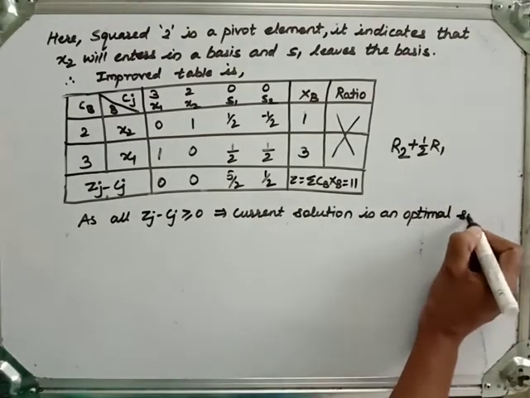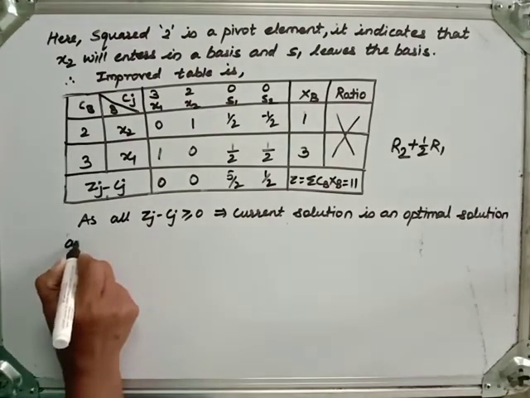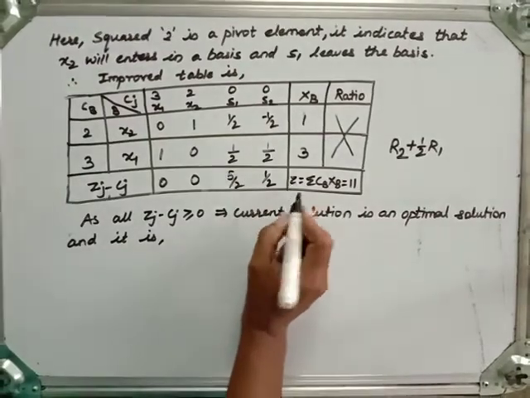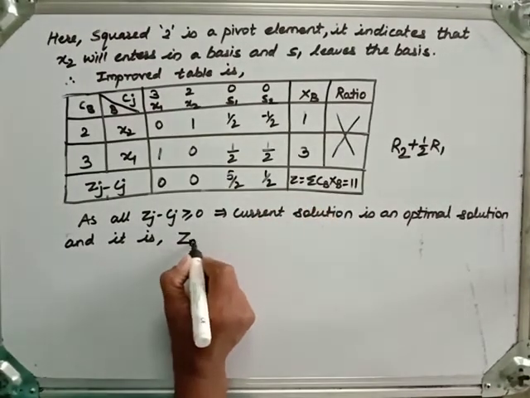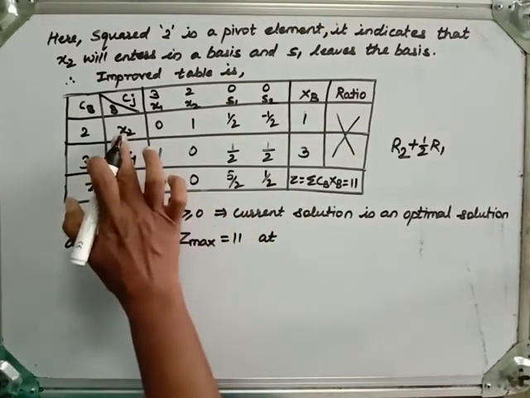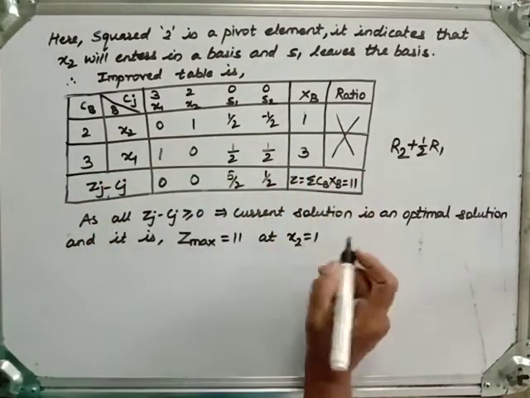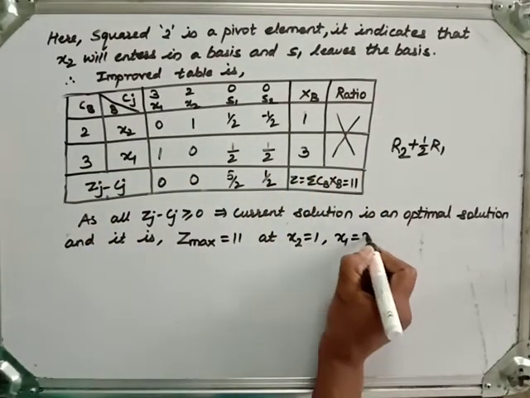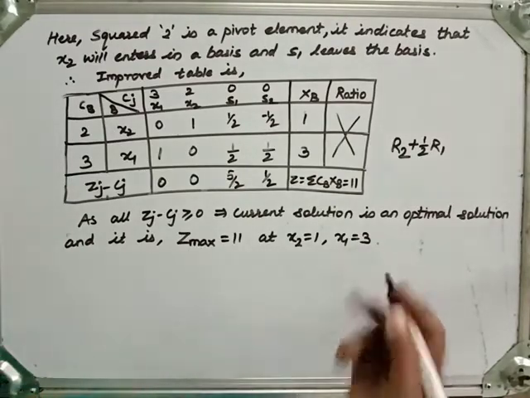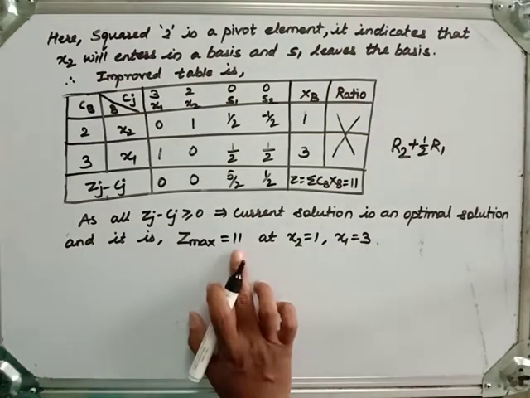Now we have to find maximum value of Z. So here this Z max is equal to 11 at x2 equal to 1 and x1 equal to 3. If we write them first, x1 and x2, it doesn't affect, it's okay. At this point 3, 1, Z is maximum.